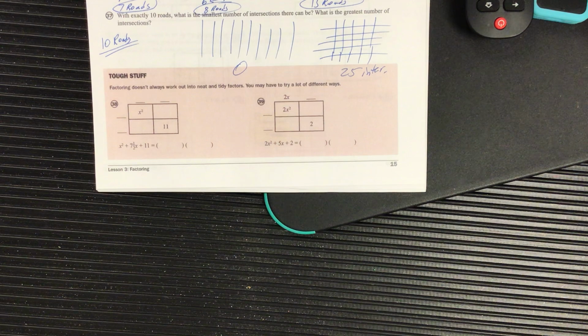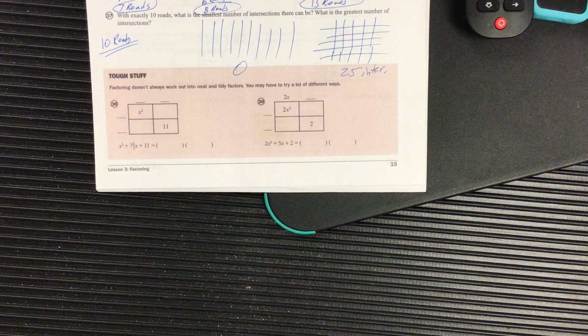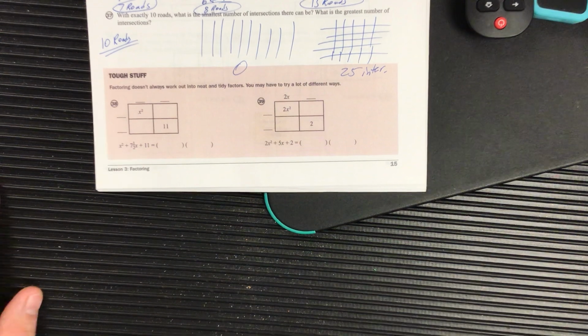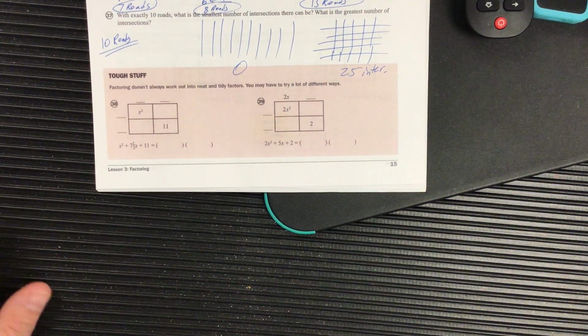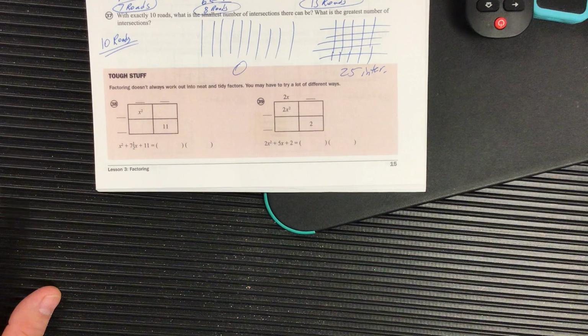Can it be negative? Nope. This one won't be. Here's a hint. Yeah, you did figure it out.